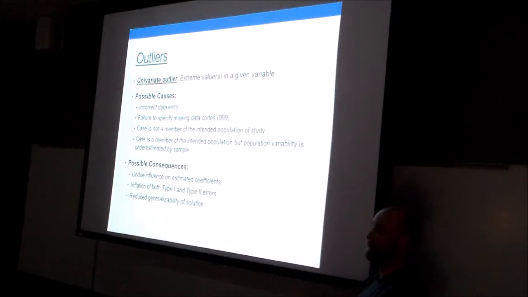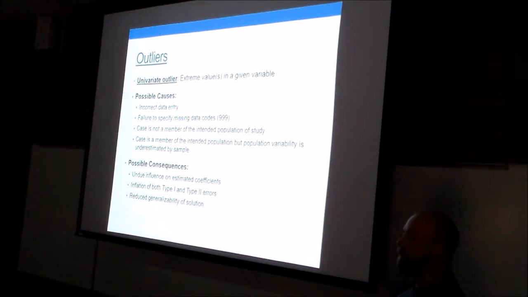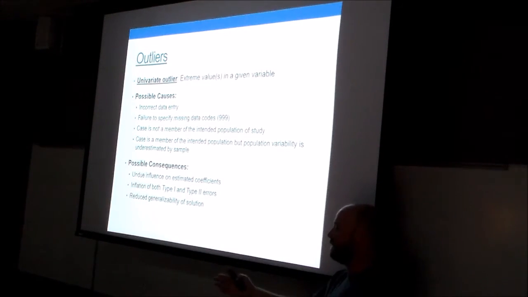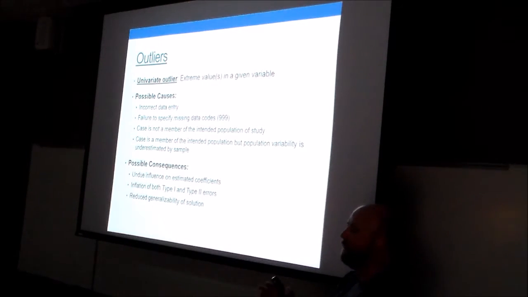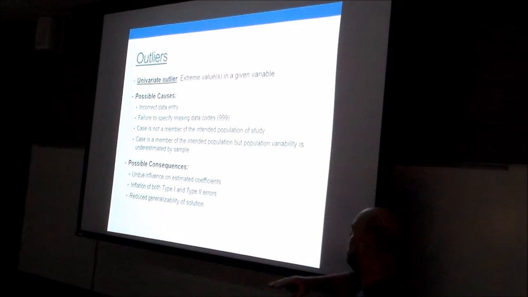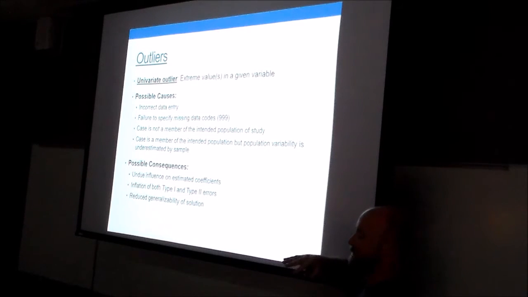They're in their 50s, a professional, just taking this for their own enrichment. This person is not a member of the intended population. My intended population is undergraduates, 18 to 20, so I'm going to go ahead and get rid of that outlier. That person isn't representative of the population I'm trying to target.